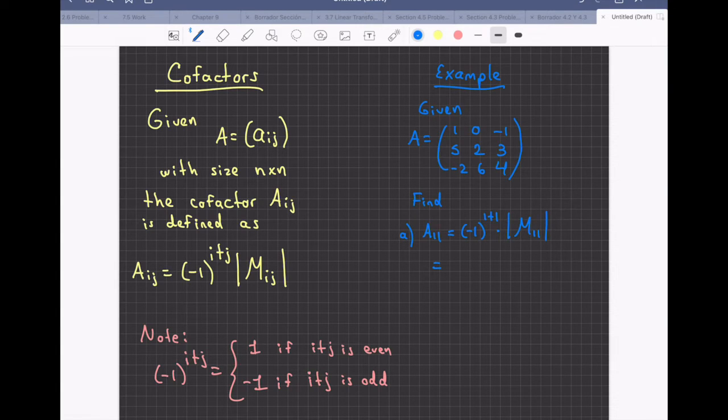In other words, -1 raised to the square times the determinant of the minor. Remember, the minor is another matrix obtained from this one. I have to eliminate the row 1 and the column 1. What is left? 2, 3, 6, 4.